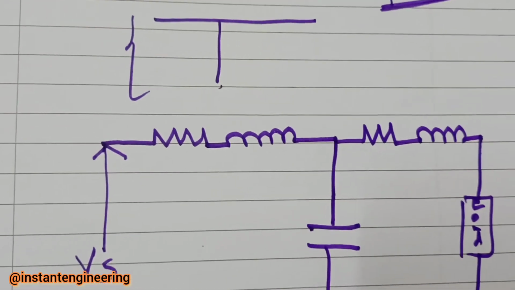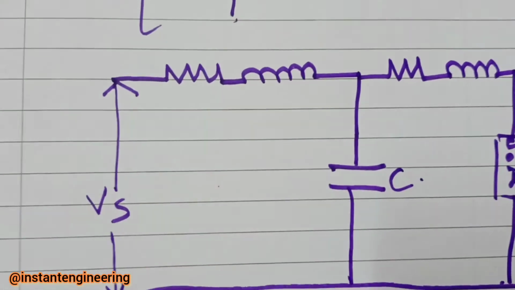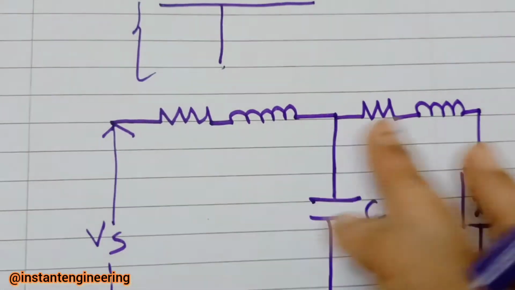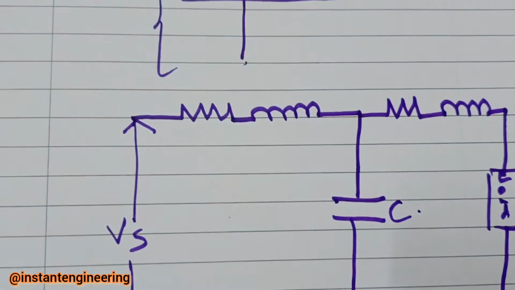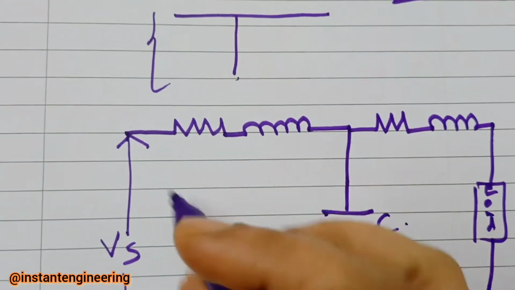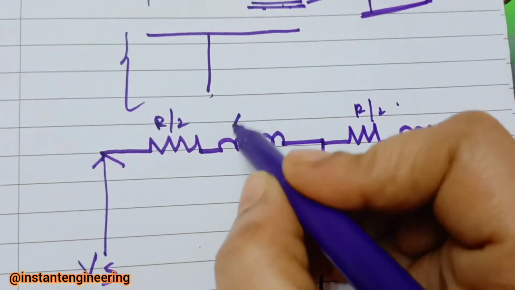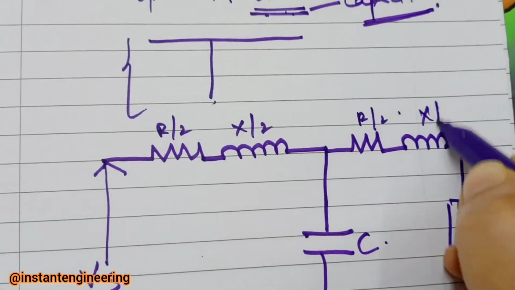This is the capacitor C. Let's start with this first loop. This is like a T network, that's what I mentioned. There are two resistances here, so we will take them as R by 2, R by 2, half on each side. This one will be X by 2, X by 2.